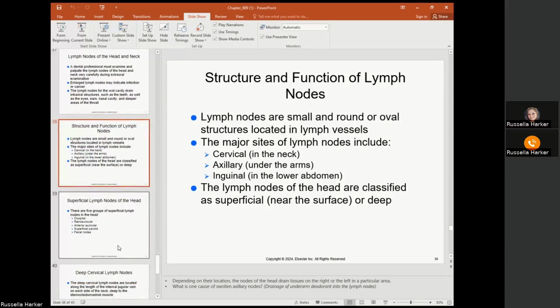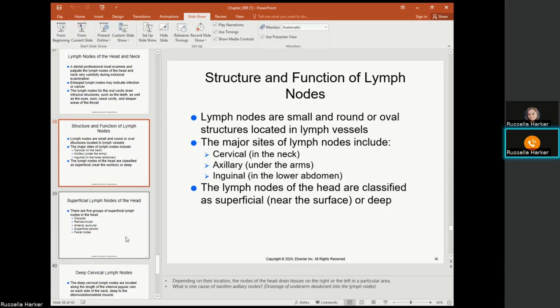So lymph nodes are small and round or oval structures located in lymph vessels. The major sites of lymph nodes include your neck, which is known as the cervical area, under your arms, known as the axillary area, and in your lower abdomen, known as your inguinal area.